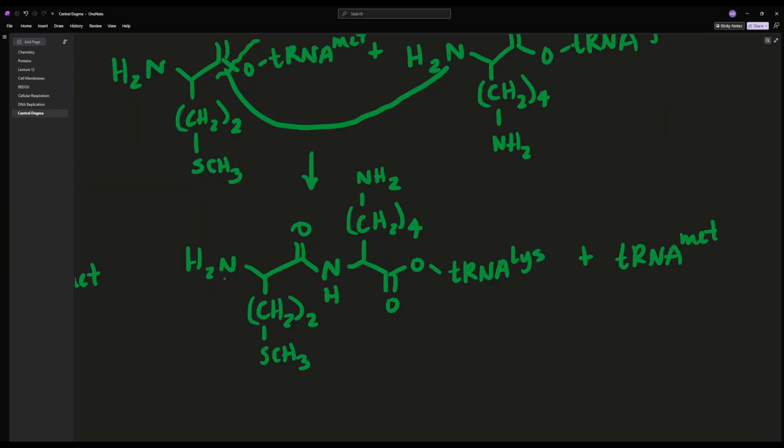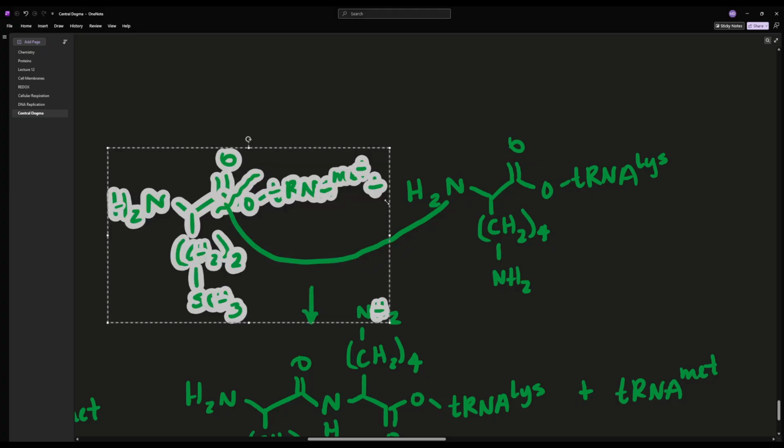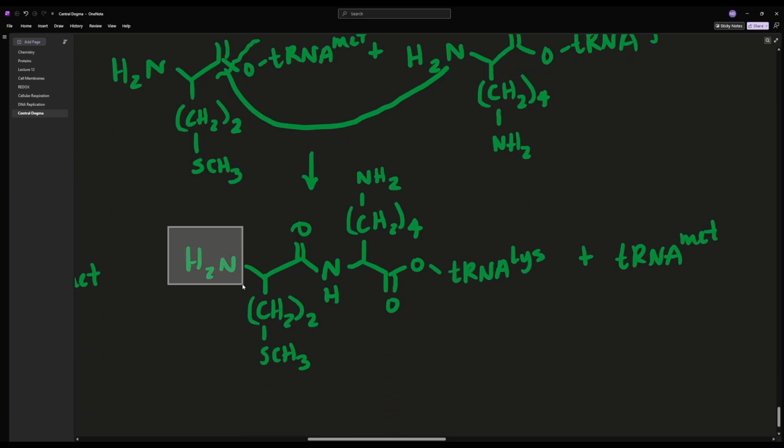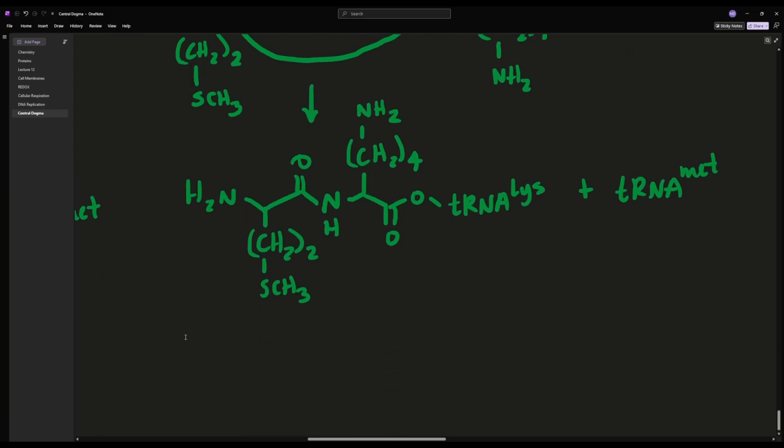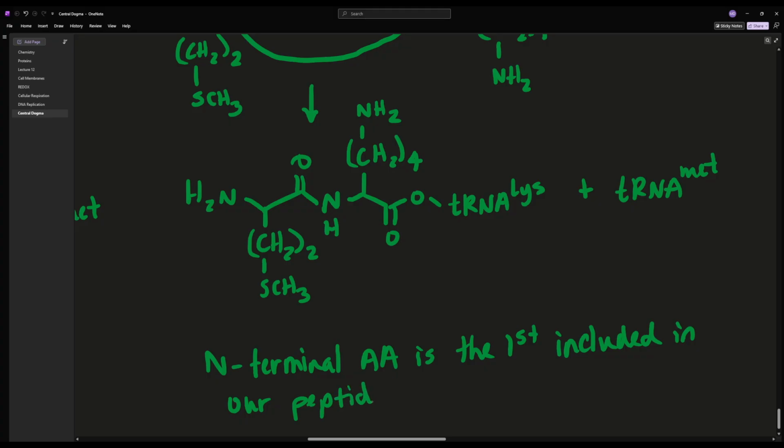So what we saw here is our N-terminal, the first one that we laid down, the methionine, its N-terminus is retained. So this tells us that the N-terminal amino acid is the first included in our peptide synthesis.